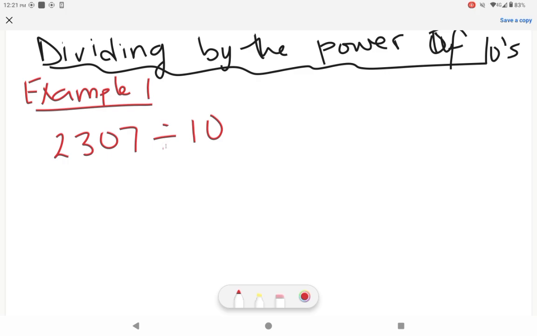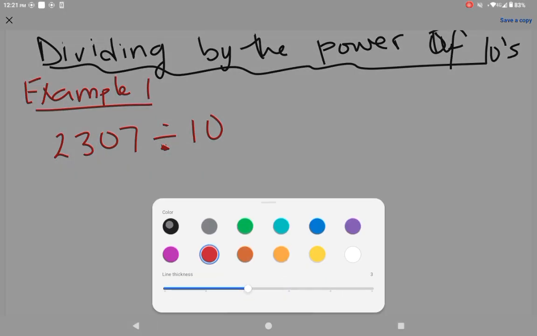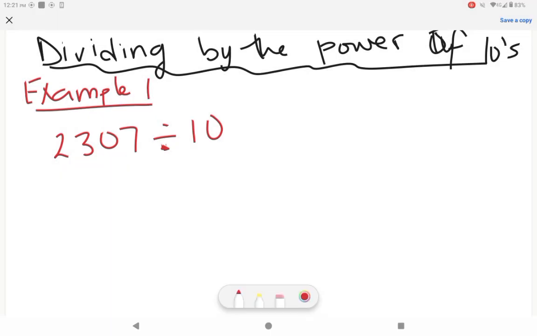We're going to be jumping, and what will determine how many times we're going to be jumping is the number of zeros we have. If we are dividing by 10, it means I'm going to be jumping just once. And another thing you must take note of is that we start jumping from the ones. In the question right here, the ones is 7.